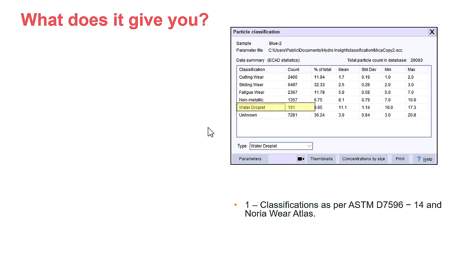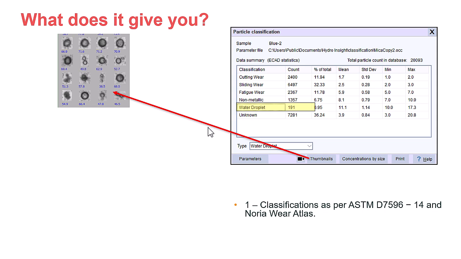In this case, we train the software to go through the NORIA Wear Atlas and train itself to make these classifications. So at the end of a run, you can see how many of the different classes of particles, the percent of total, the size of the particles, all the statistics. In addition, if you press the thumbnail button, you'll be able to see the thumbnail images and prove it to yourself that they are there.